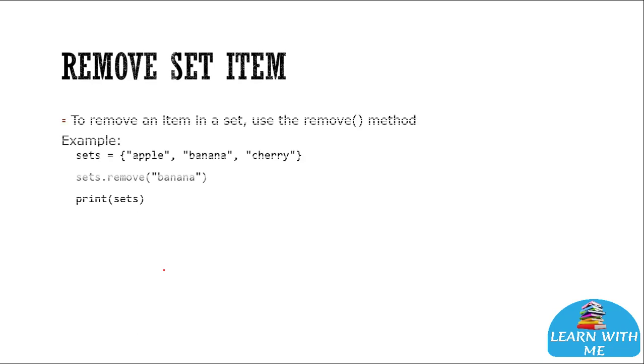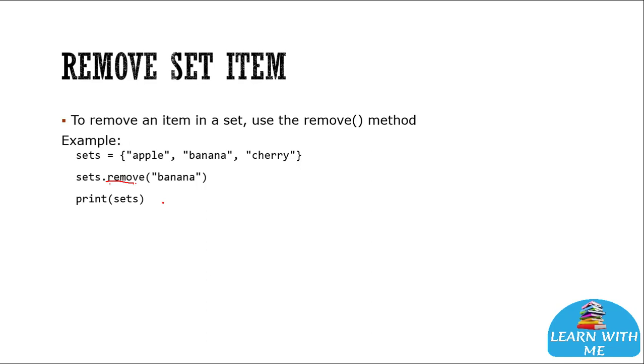Remove set items. There are two ways. One is the remove method. If we want to remove a specific item, you can use remove banana, and when you print the set, you get apple and cherry.